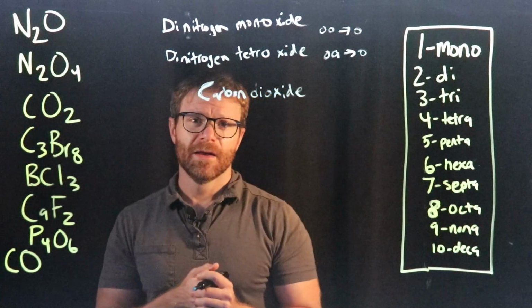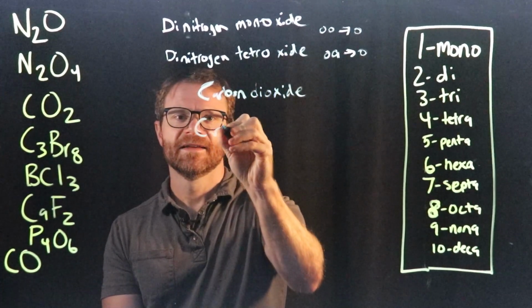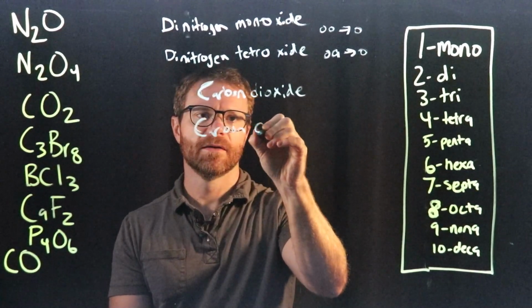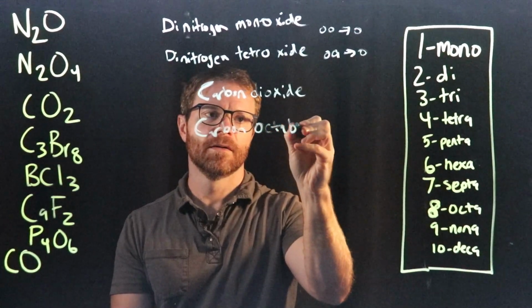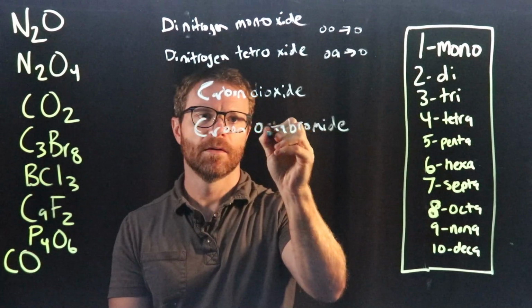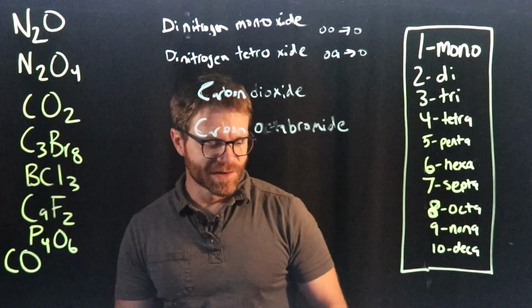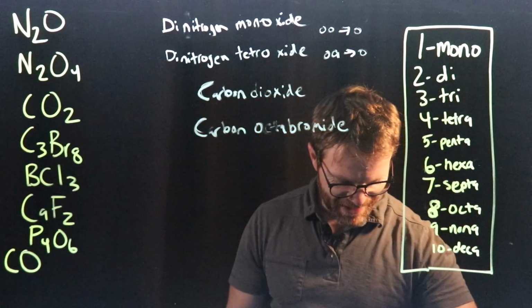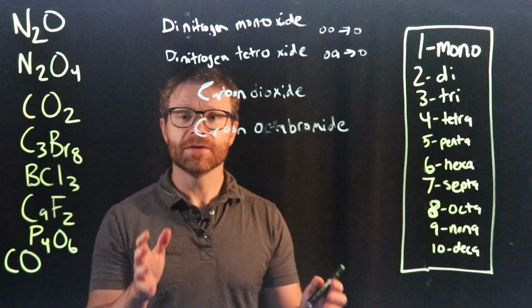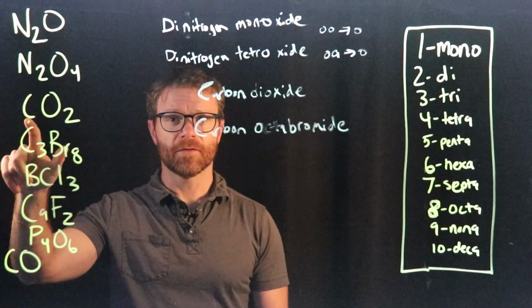C3Br8. Okay, so I'm gonna do it again, carbon octabromide. And, oh, looks like I made another mistake. Okay, in the last one, we were able to just write carbon instead of monocarbon because you don't need the mono prefix if it's the first thing in the chemical formula.